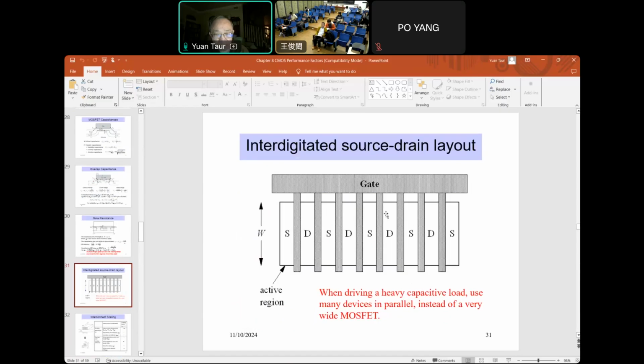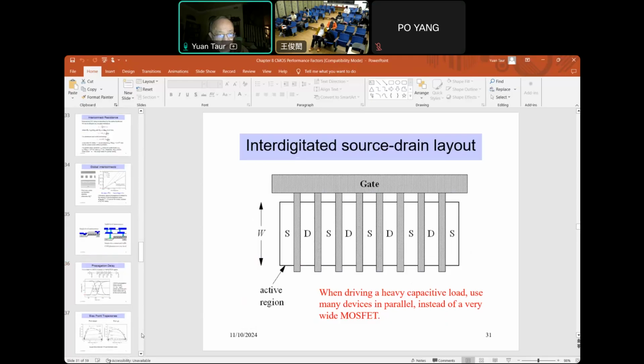You use this folded layout to increase the width instead of making one finger with very large width. We use multiple fingers with the same width, and that will effectively increase the current without degrading the delay due to gate resistance.